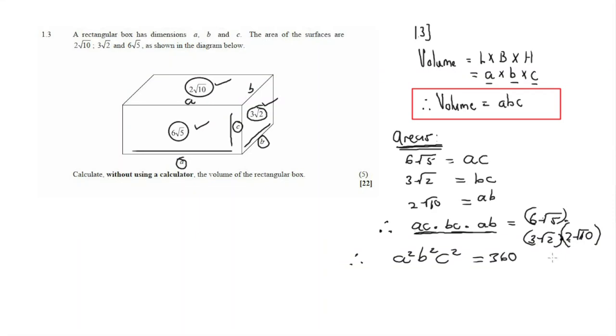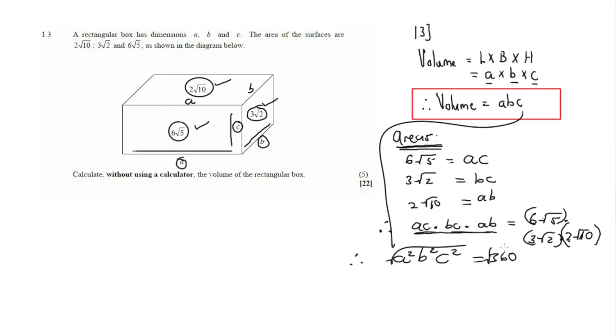360. So the trick here was to have a formula for the volume, and then eventually find the value of A times B times C. So now again, by squaring both sides, we are left with A, B, C, which gives me the volume.